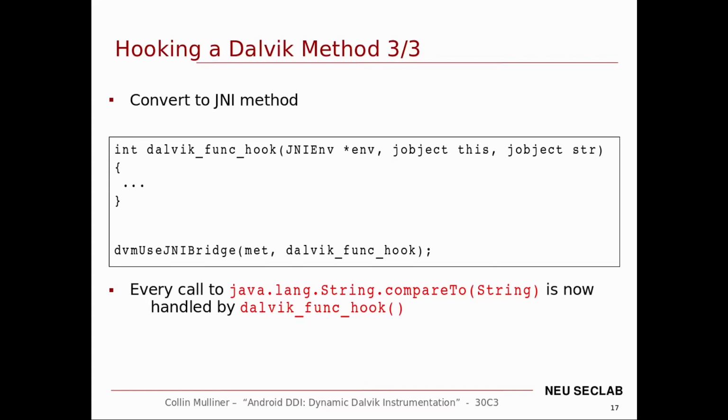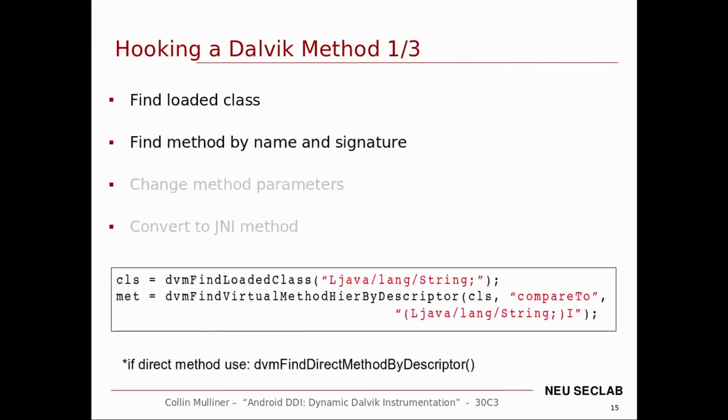And then you have your piece of code, which is a replacement function. This is the function to replace the compareTo function. You see the JNI environment, the reference to the object, and the parameter, the string object. And then of course the use JNI bridge.